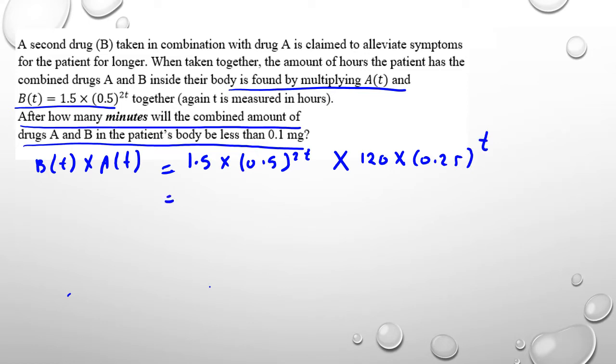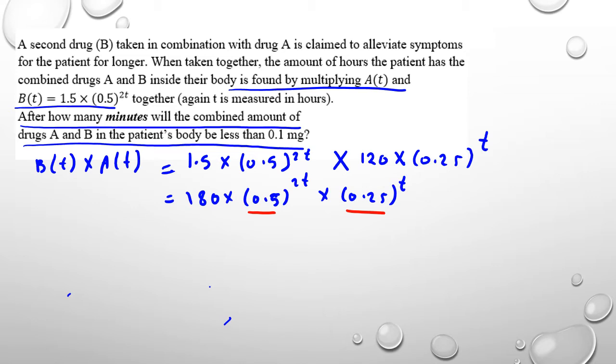Now multiplying 1.5 times 120 gives me 180, multiplied by 0.5 to the power of 2t times 0.25 to the power of t. Because the two bases are different, I need to find a way to write the two bases the same.